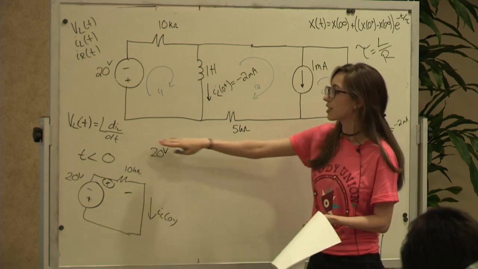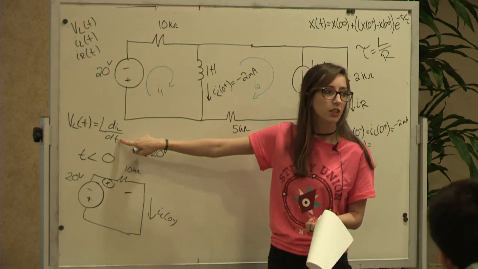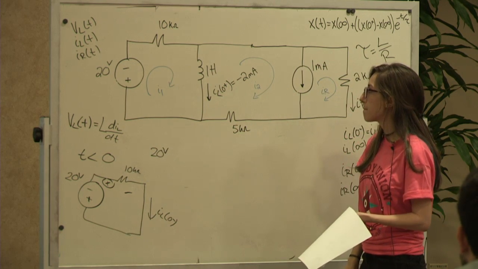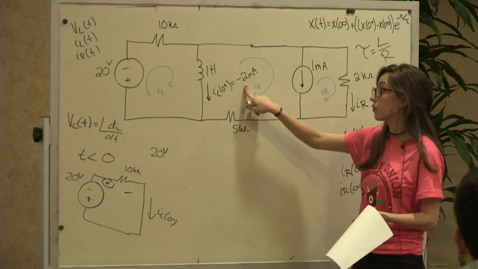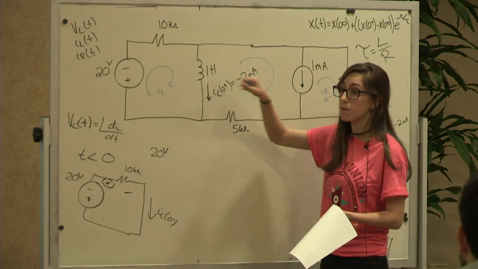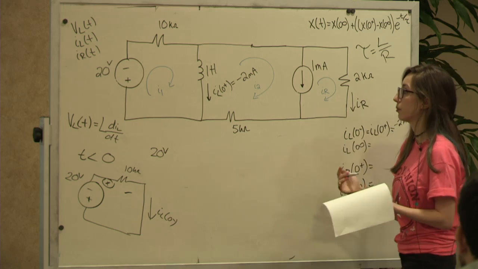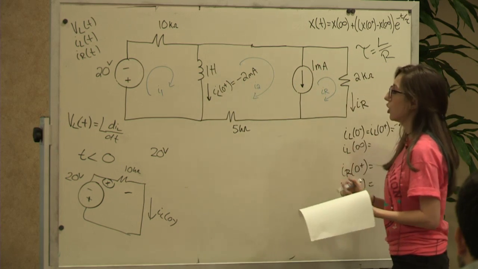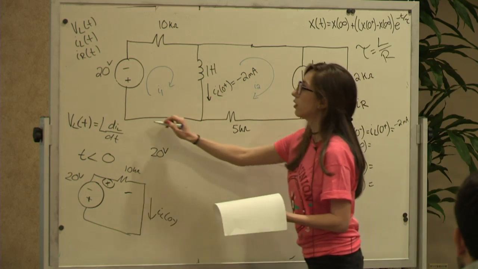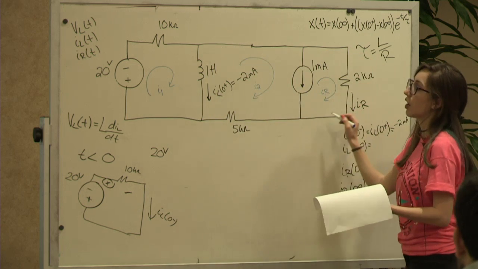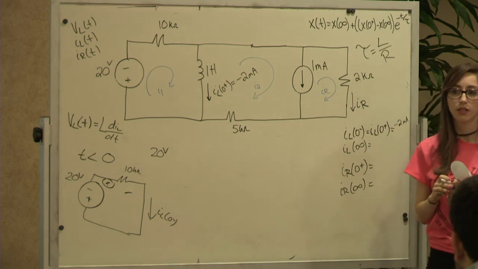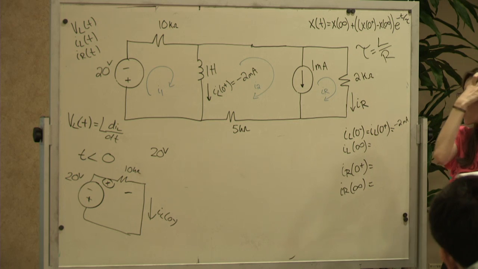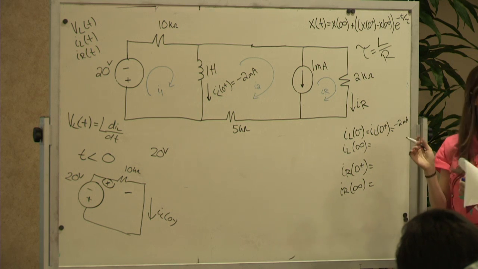We can't use this because we don't have the function of t. But we know that this is -2, so we already know this branch anyway. We've got 2 super meshes here, this one and this one, so you're going to do one big KVL around here. Any questions about that? No?